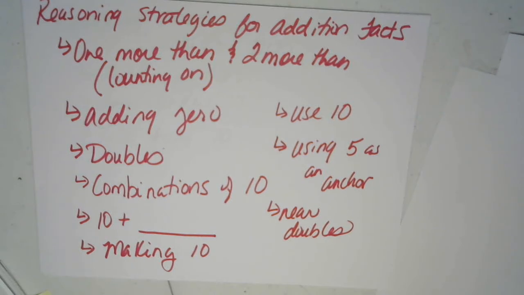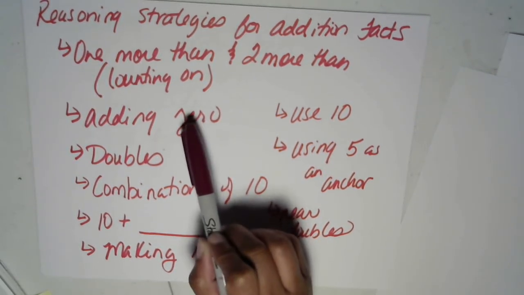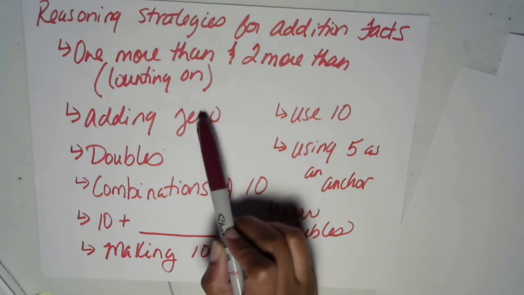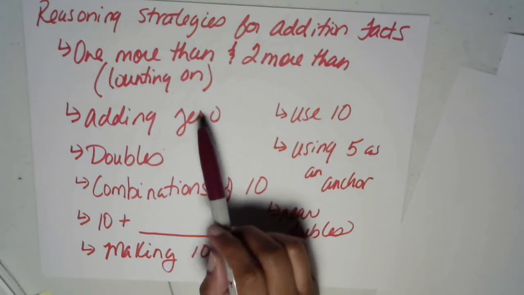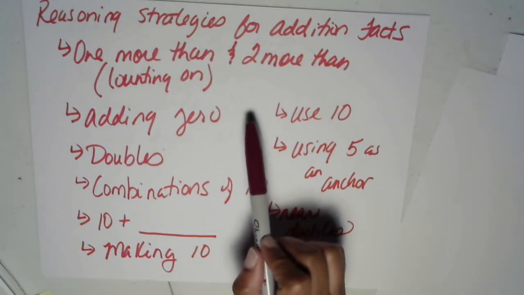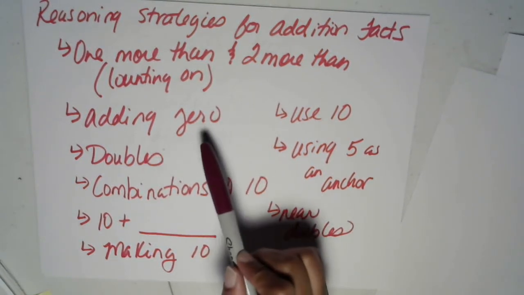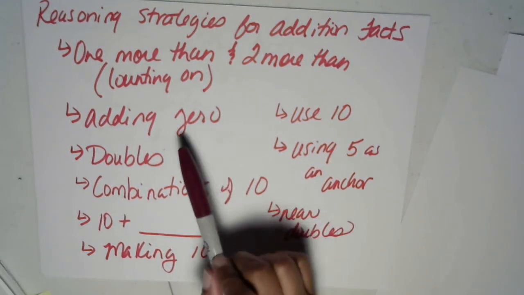We also have adding 0. Remember, adding 0 is not something to just gloss over, because adding 0 means we're adding nothing. We've talked about the importance of 0 and how students struggle with it. So you want to spend some time on 1 plus 0 is 1, and why it's 1: because I had 1 and I'm adding nothing to it.